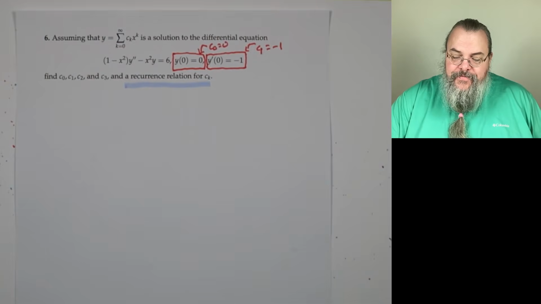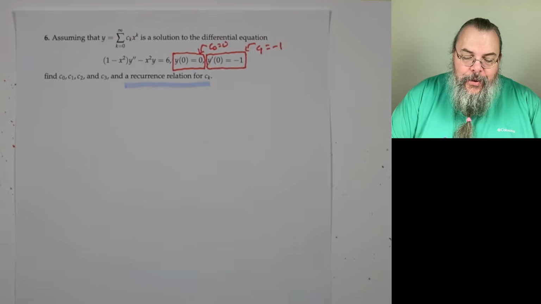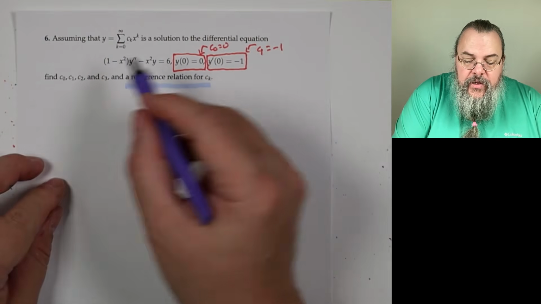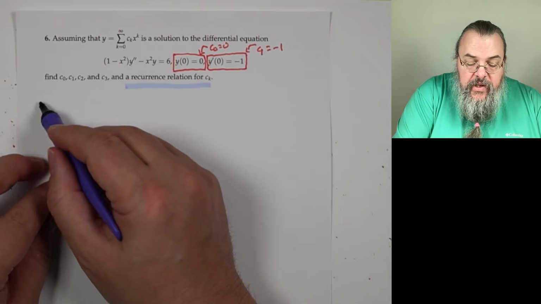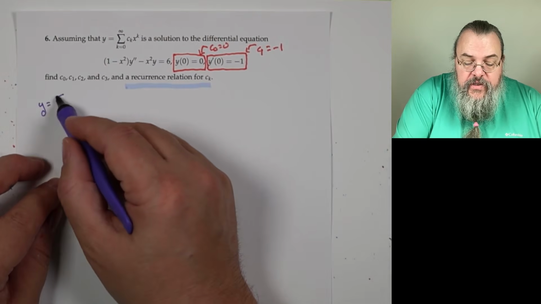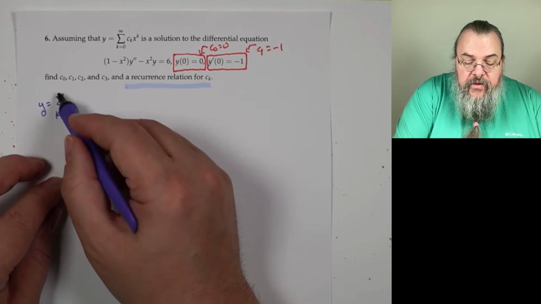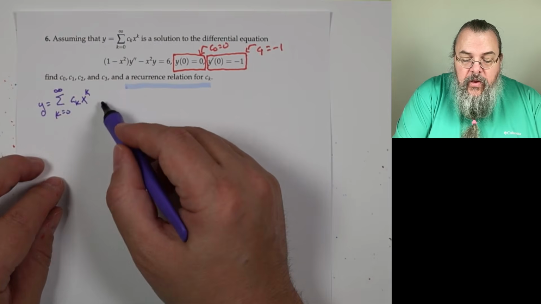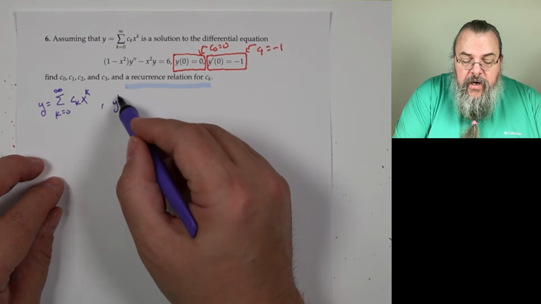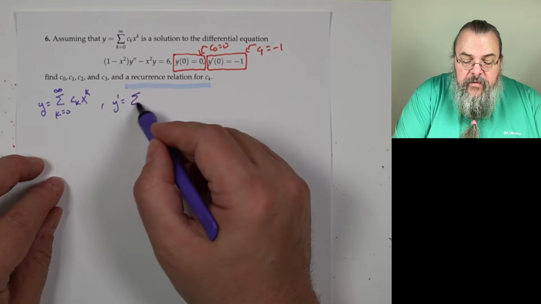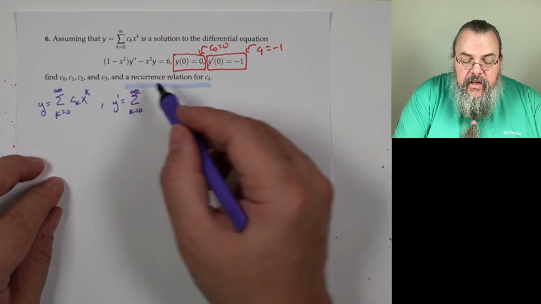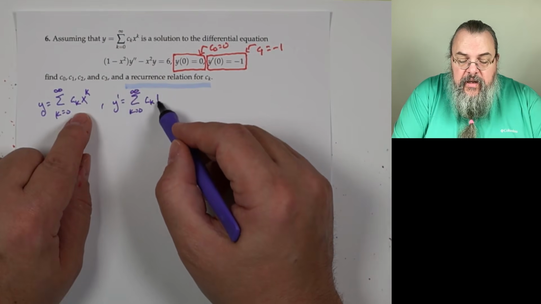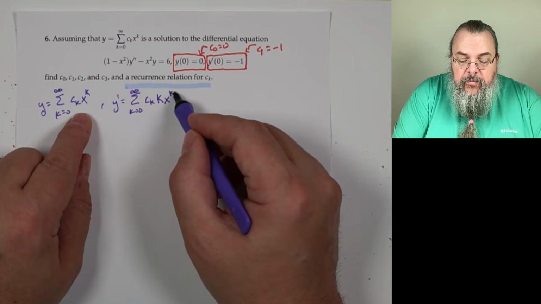Now, the fun part, right? Well, we have our y. What we need to do is get up to y double prime. So y is equal to our sum, 0 to infinity, ck x to the k. So that tells us that y prime is the sum k equals 0 to infinity of ck times k x to the k minus 1.